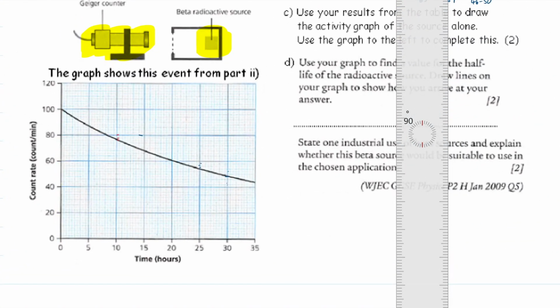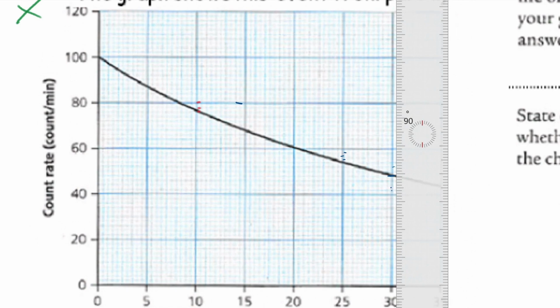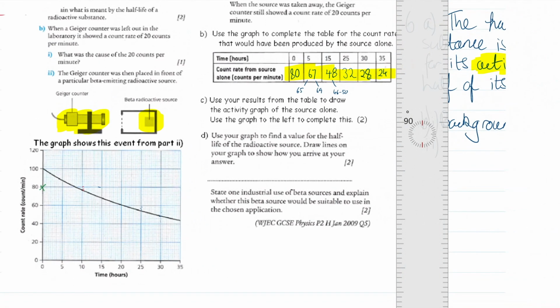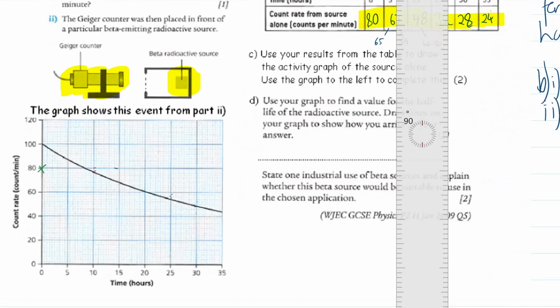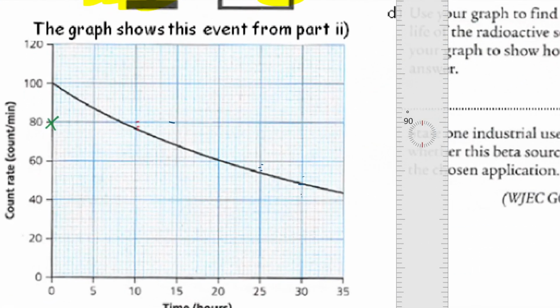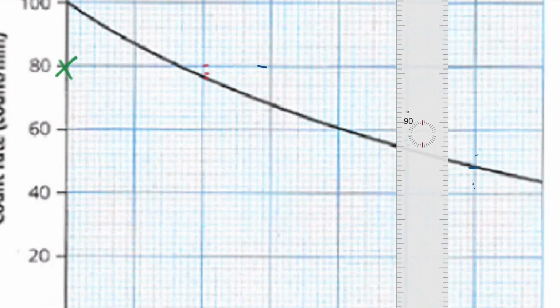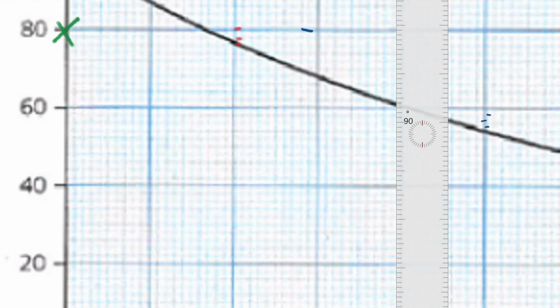I'll use a different pen, green. First one there is 80, and then you take the other values. So my next one is 67. Find 67. 2, 4, 6, 7.